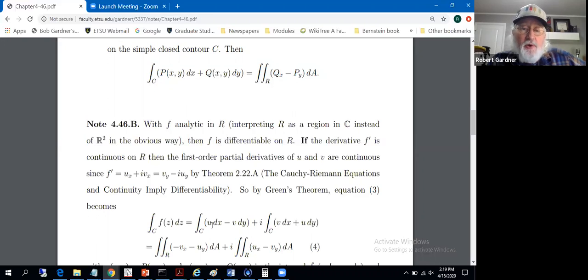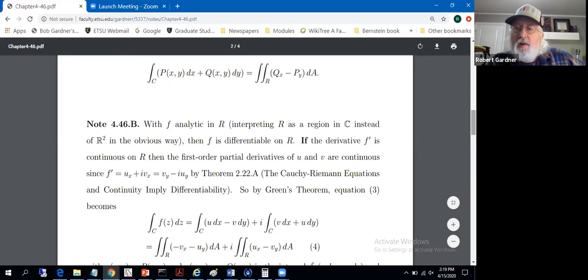So we'll take the u, partial of u with respect to y, it goes over here on the right-hand side with a negative sign in front of it, is given right there. This part for us is negative v. We got a negative v where the Q is. So we'll take a partial of that with respect to x. That'd be negative v sub x. Okay. And then similarly for the other part. All right, leaving us with equation 4.